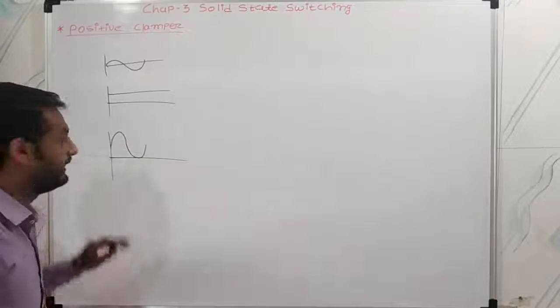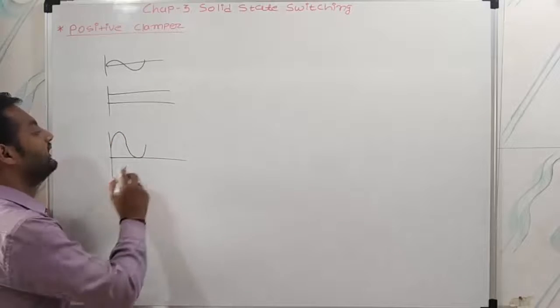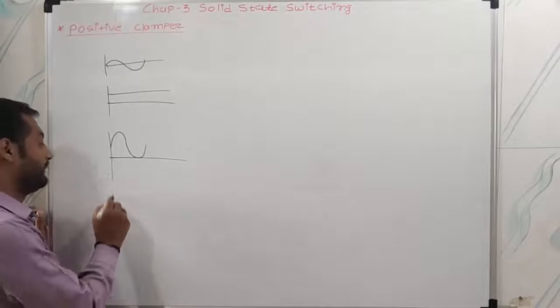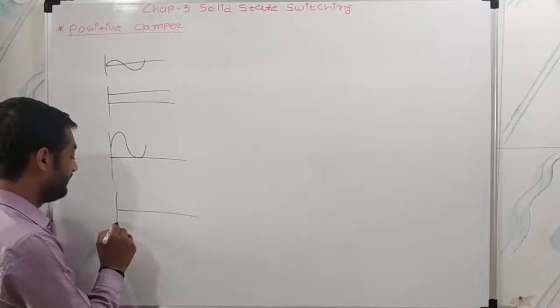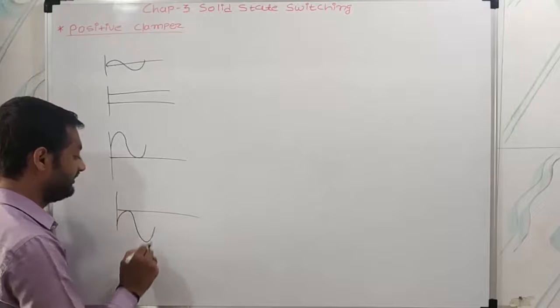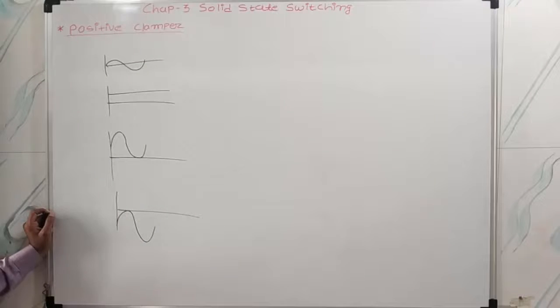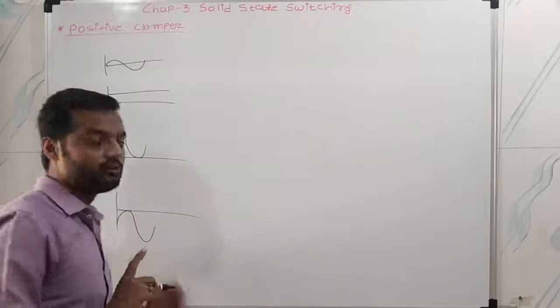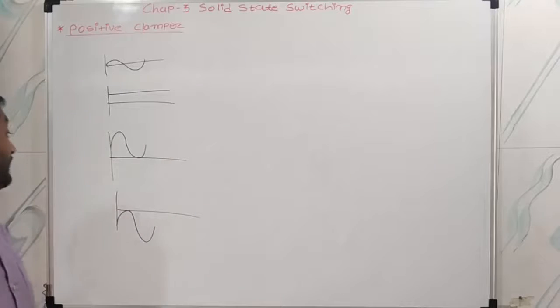If it is shifting to the positive side, then it is called a positive clamper. If it is shifting to the negative side, then it is called a negative clamper circuit, right?